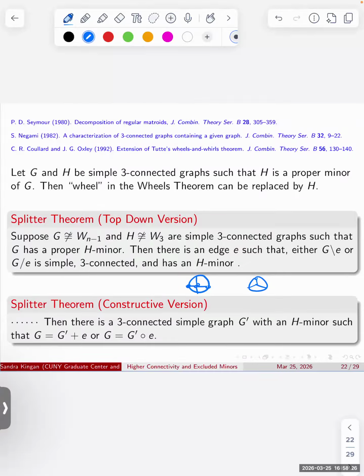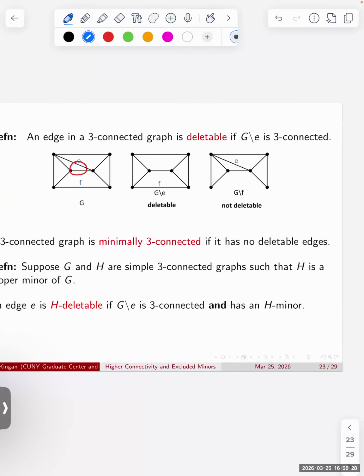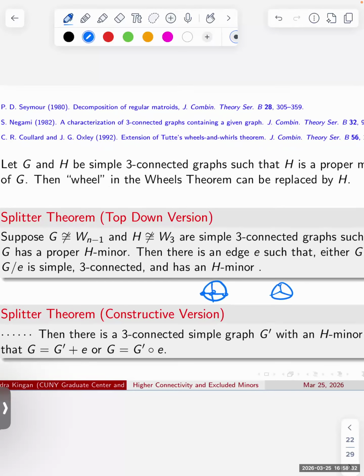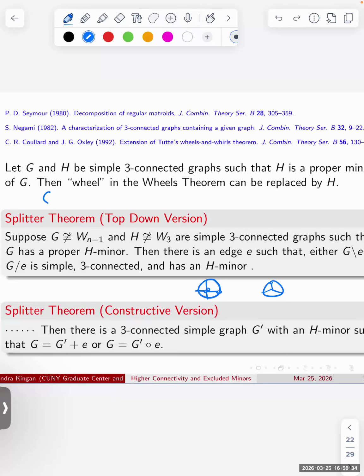So here, let me talk about that. So you take W4, right? Well, if you're adding an edge, the most you can do is this, right? There's no other way you can add an edge over here.